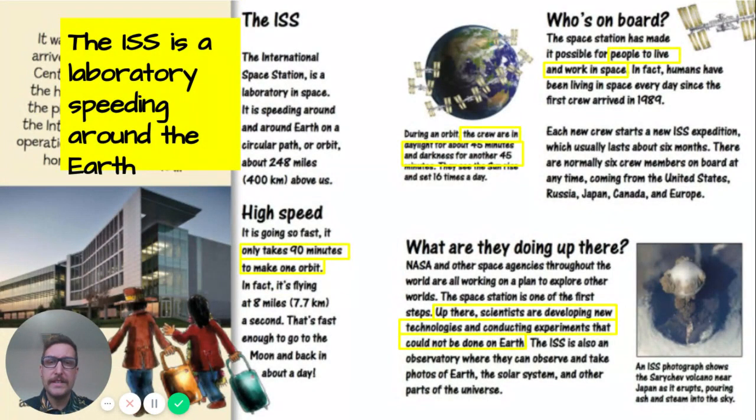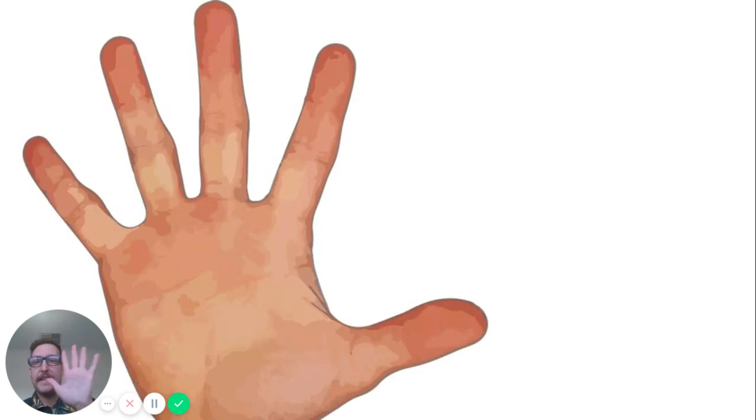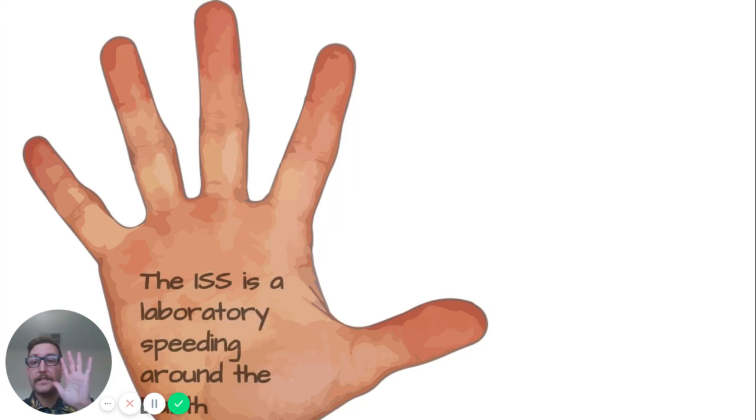So I've been reading this text about the International Space Station, or the ISS, and we did some work this week around how we can find the main ideas and get supporting details to back that up. We've been using the hand strategy to help us do that, with the palm being the main idea. So the most important thing that the author wants us to know about the topic.